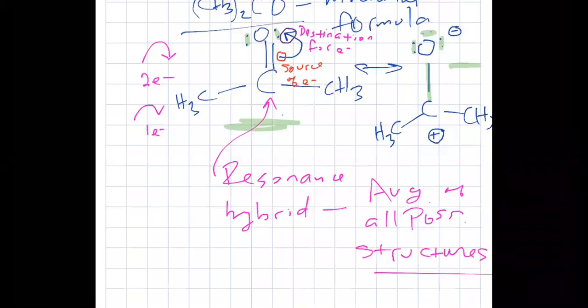So anytime you see a Lewis structure, it's possible that there are other forms of that molecule.